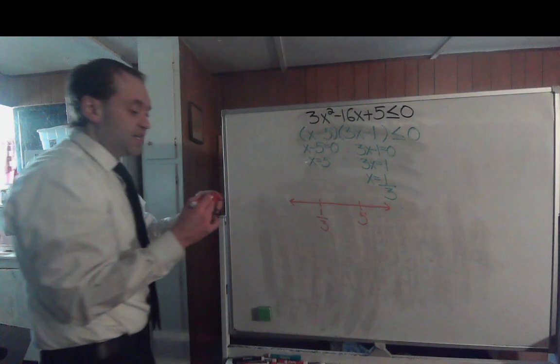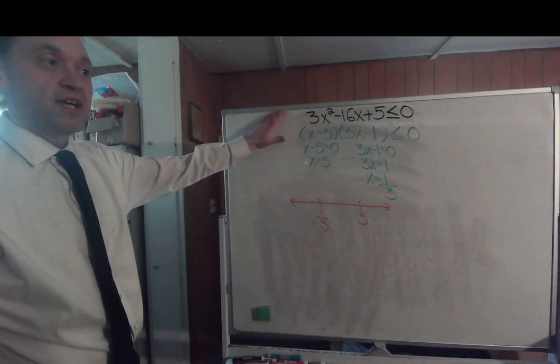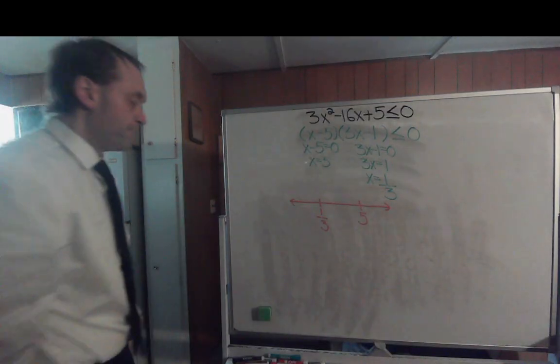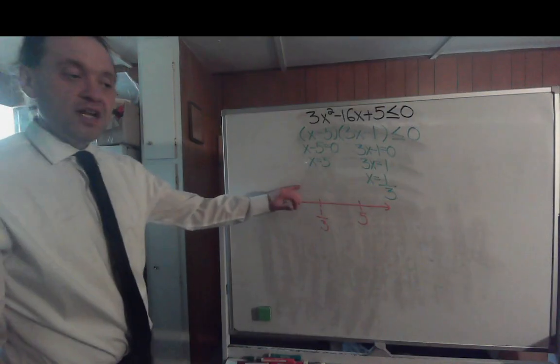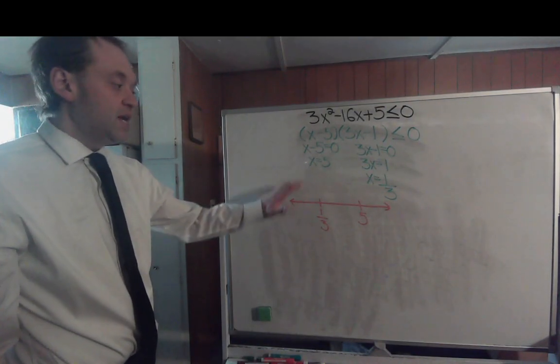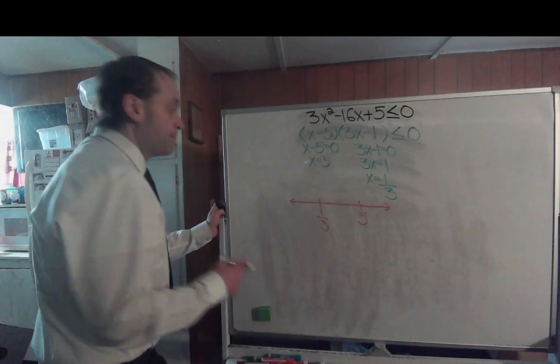So now we need to test intervals to see which ones create the solution less than or equal to 0. So let's put in, we need to go from negative infinity to 1/3. So any number less than 1/3, we'll go with 0. How about 0?